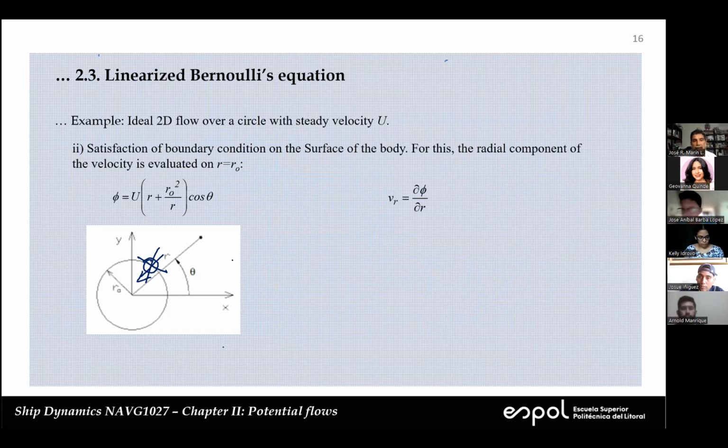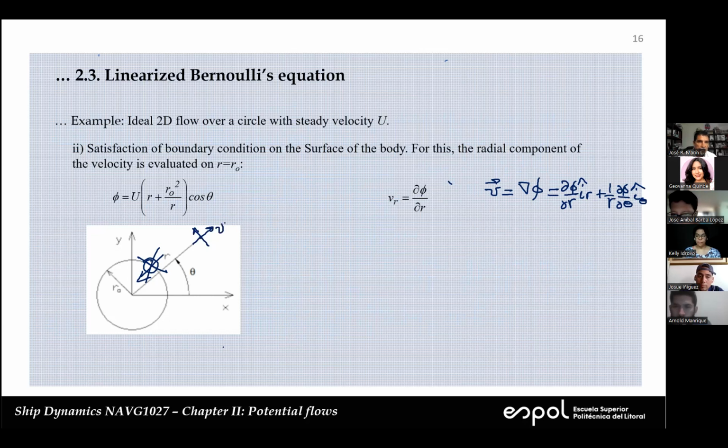So to evaluate that, we know that the velocity is nabla phi, and in the case of polar coordinates that is d phi/dr in the r direction plus 1 over r d phi/d theta in the theta direction. So at any point here, you have the velocity in this direction and in this direction.